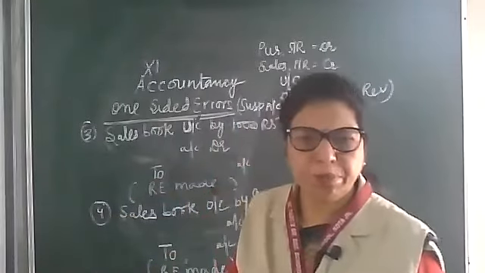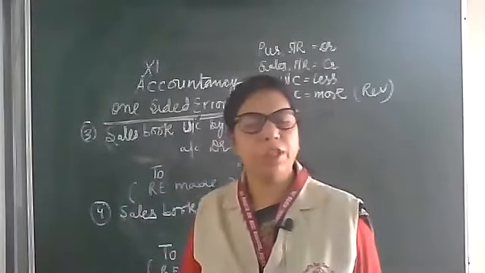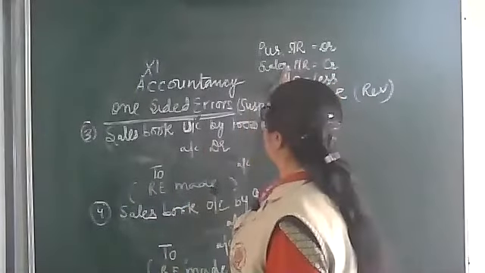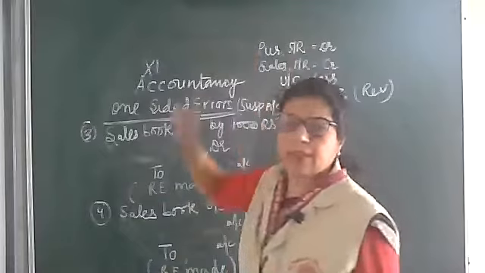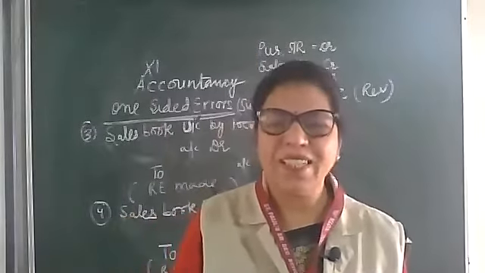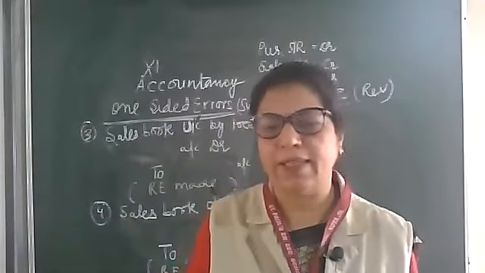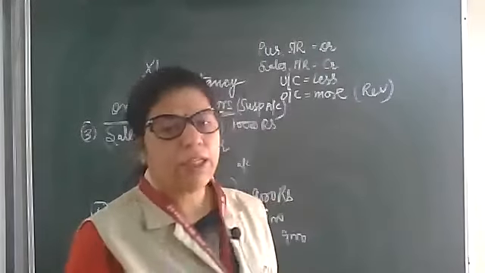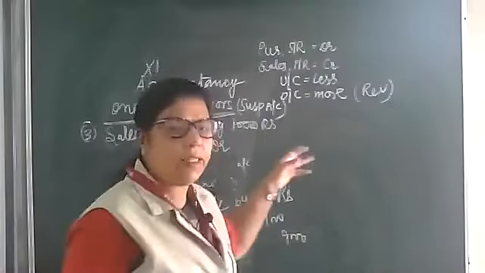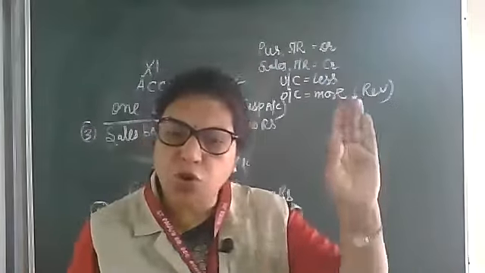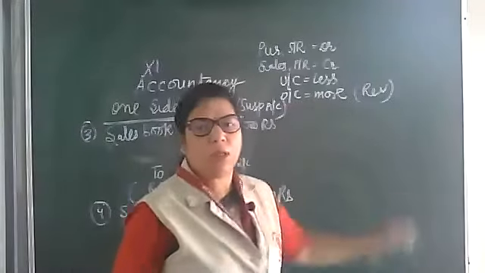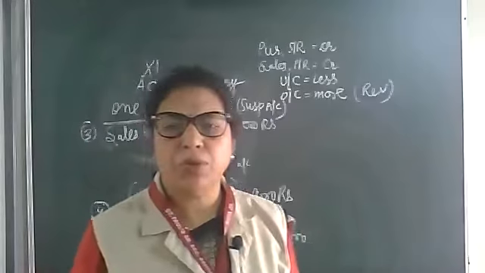In place of purchase, I have written sales. So, see, sales is always credited, but when there is undercast, it is credited, and when it is overcast, meaning more, then what to do?